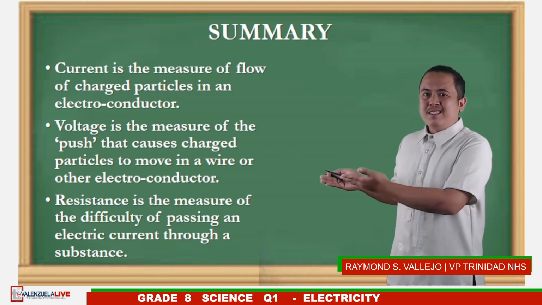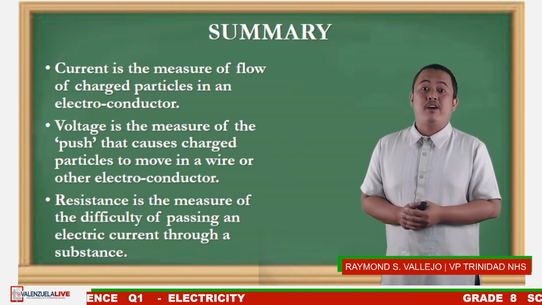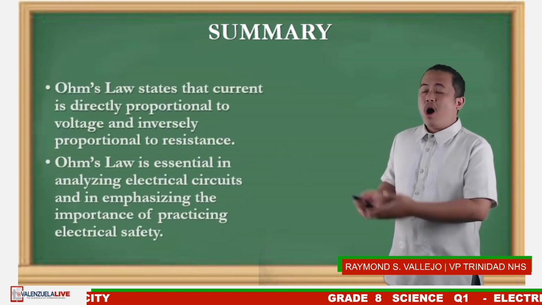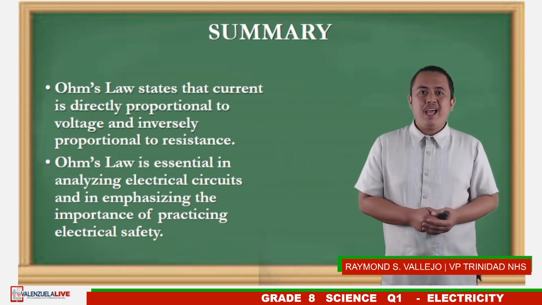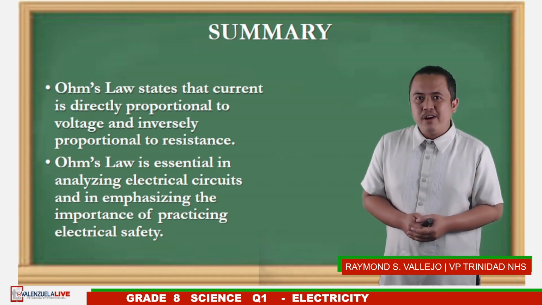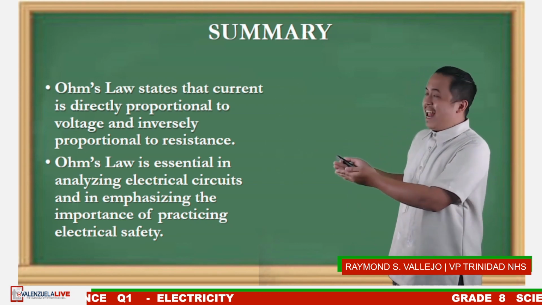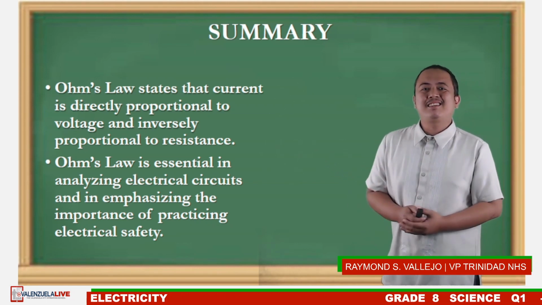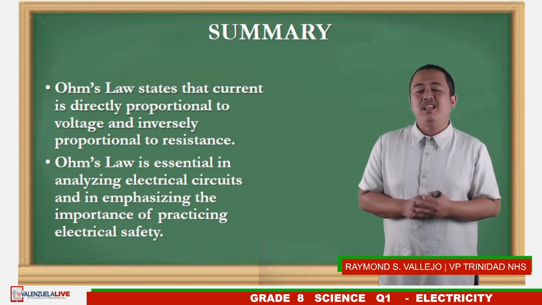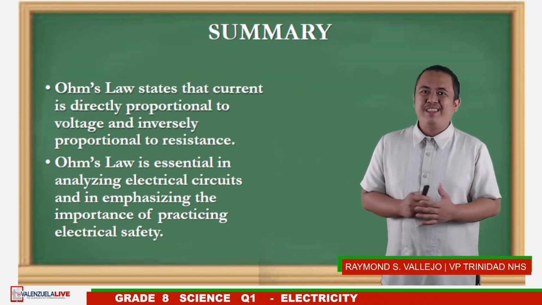Third, resistance is the measure of the difficulty of passing an electric current through a substance. Fourth, Ohm's law states that current is directly proportional to voltage and inversely proportional to resistance. Lastly, Ohm's law is essential in analyzing electrical circuits and in emphasizing the importance of practicing electrical safety.